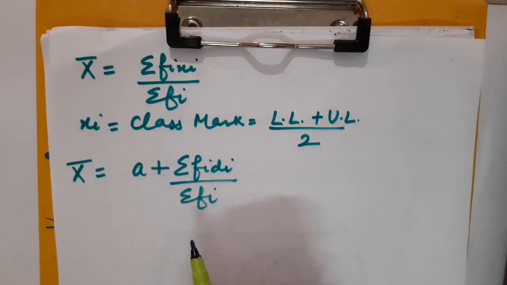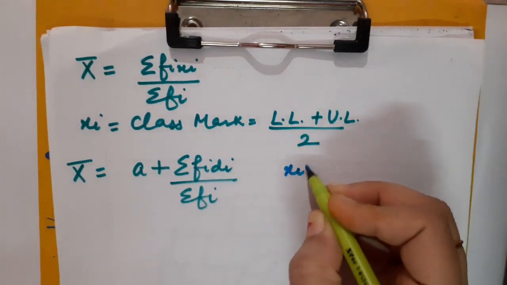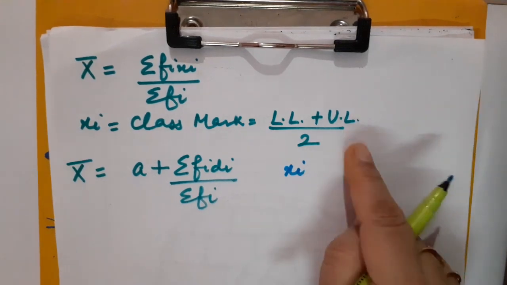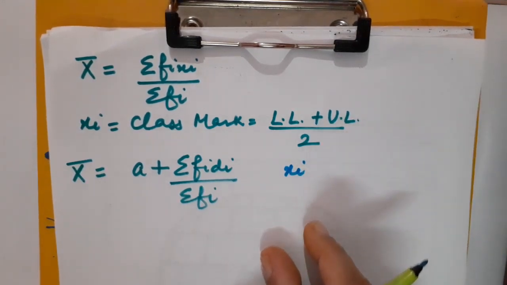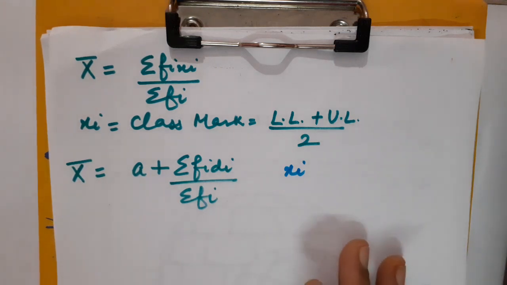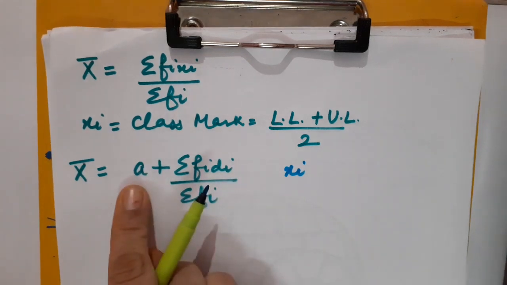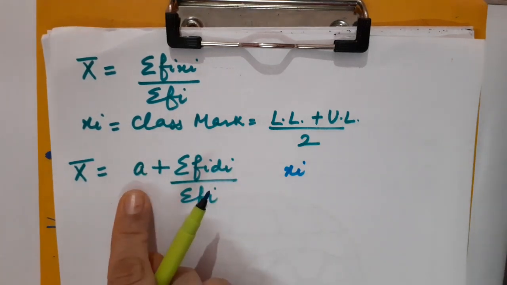Children, as the name suggests, this is assumed mean method, then what we are going to do after calculating xi, that is, class mark? In that complete list of xi, we are going to assume a value of our own choice. If the data is odd, you can pick the middle value also, otherwise you can choose any value. So that will be considered as a, that is assumed mean. Okay, so a is the assumed mean.